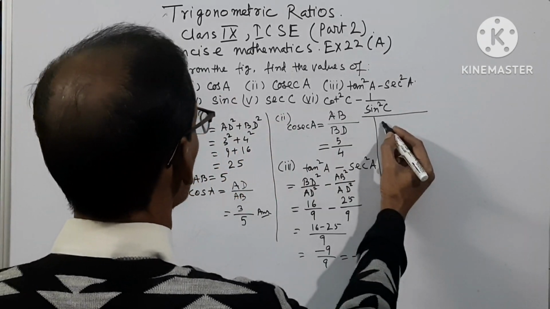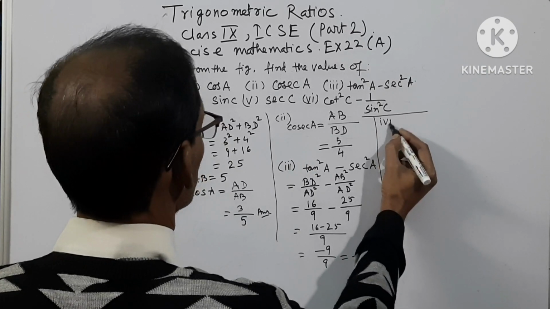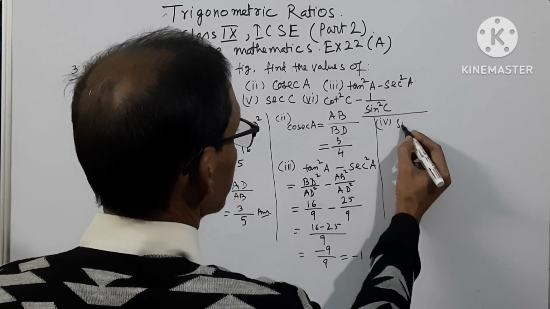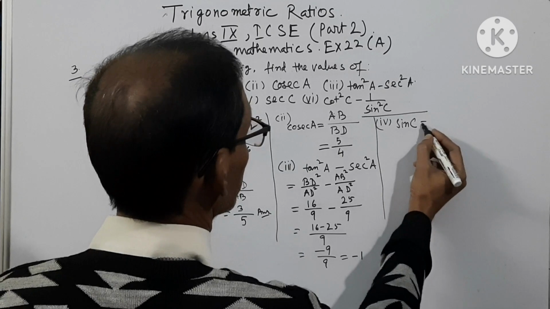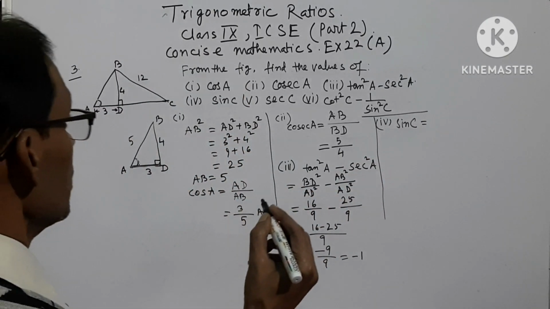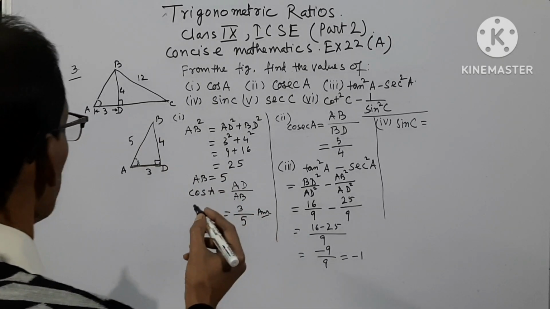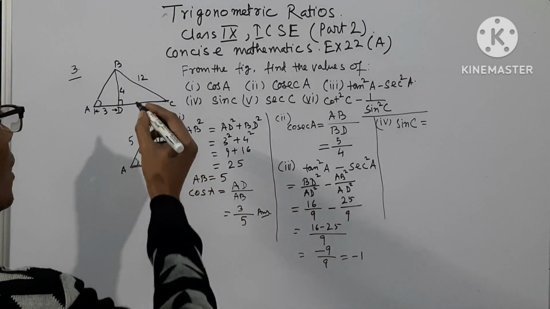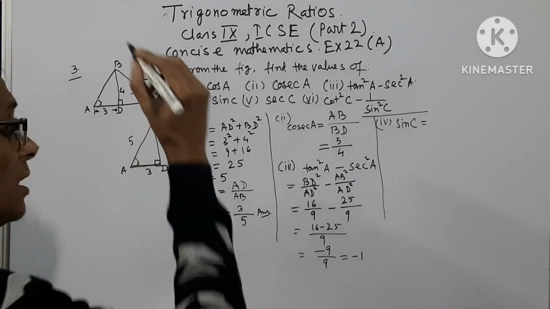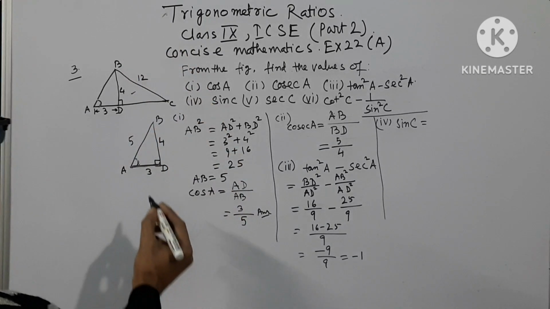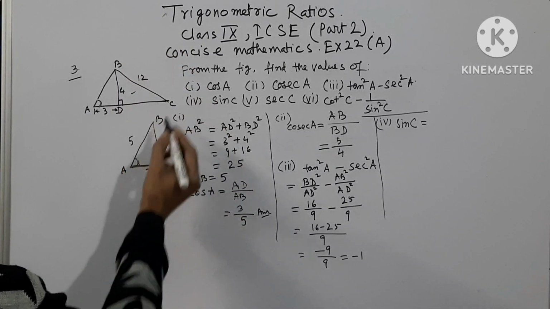Number 4, sin C. Now your angle is changed. Angle is changed, so your triangle is also changed. Now you have to take this BDC.